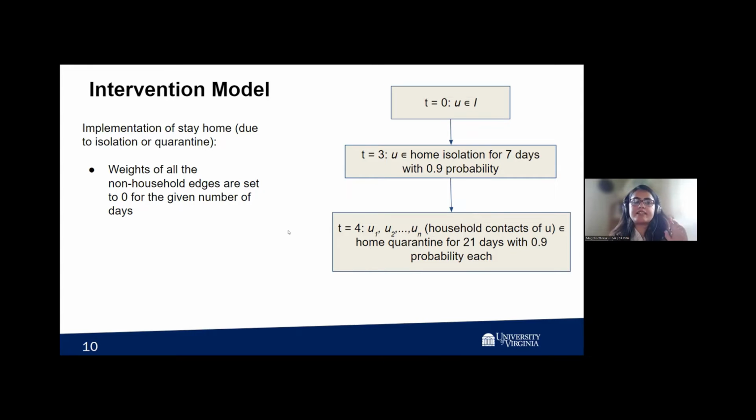Now, when I say stay home, the way it is incorporated in the model is all the edges of the staying-home nodes that are not household contacts will be removed or reduced in weight so much that the total product of transmission goes to 0, and that's how they will be isolating in the literal sense.